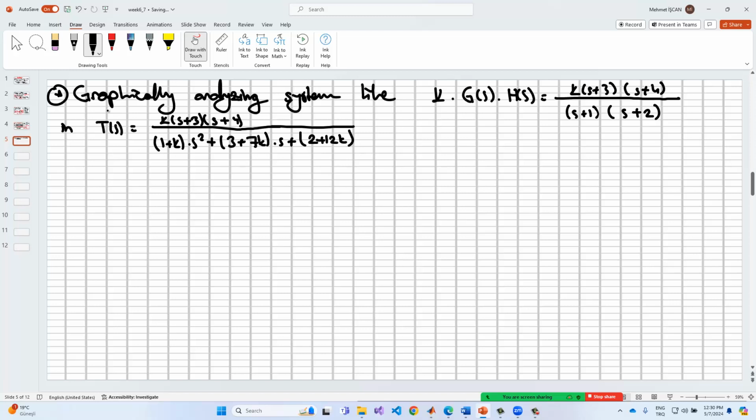This is our closed loop transfer function, and this is the open loop. Just remember that.